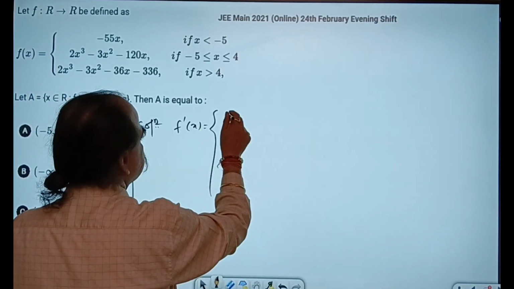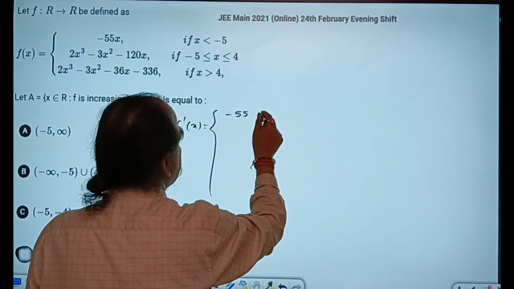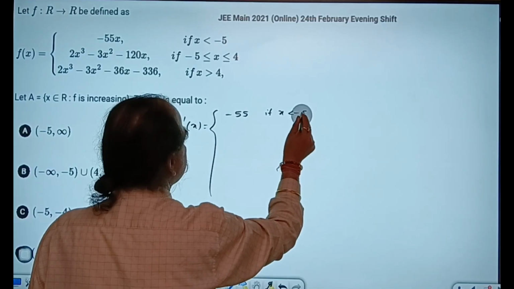F dash x will be minus 55 if x is less than minus 5.